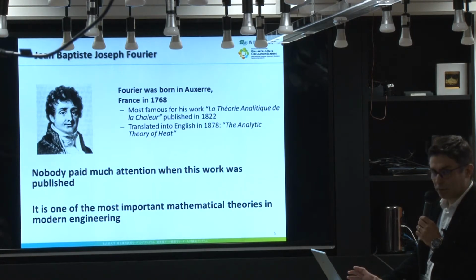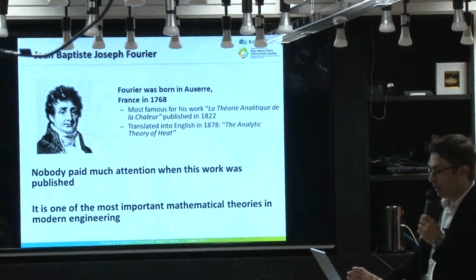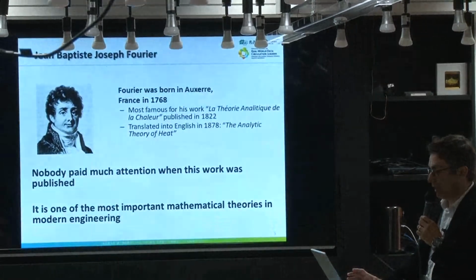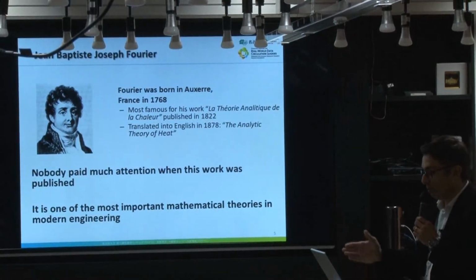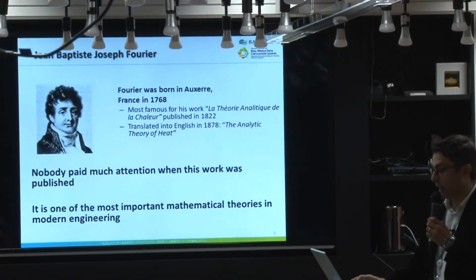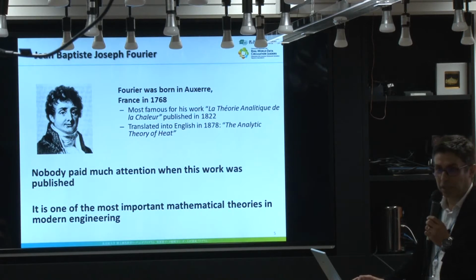As you know, the Fourier transform was first introduced by Fourier in France, and at that time nobody paid attention to what he did. But eventually it became one of the most important achievements in mathematical theory.